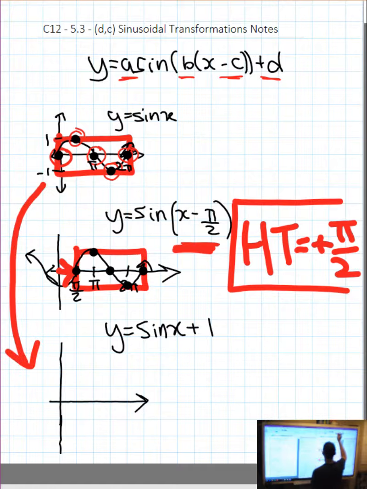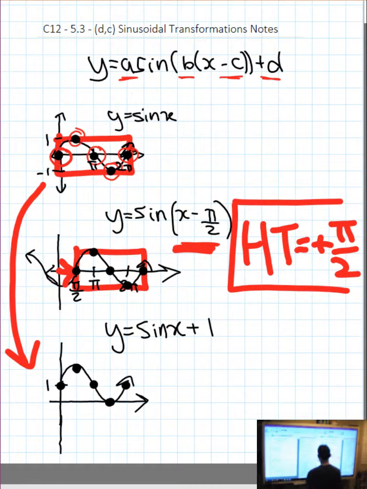And what I'm going to do is I'm going to move all the points up. So I'm going to do the points this time without circling them. I'm going to talk about the x-intercepts, and we just move them all up 1, depending on what your increments are. Mine are 1. And then the top point goes up 1, bigger, and the bottom goes up 1. And then we have our graph, sine x plus 1.